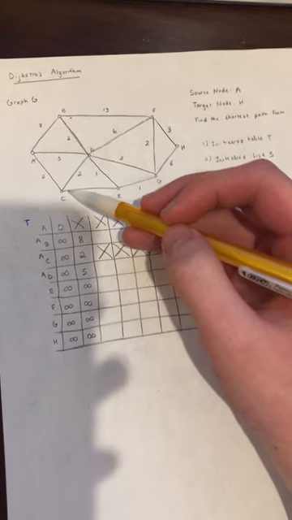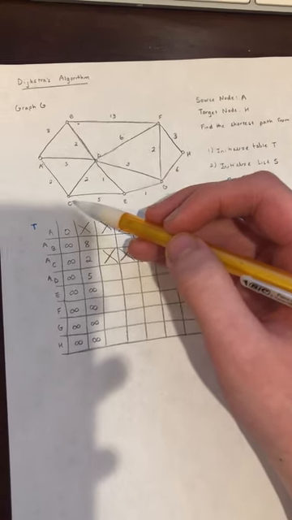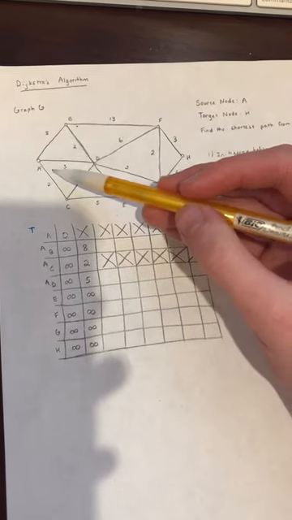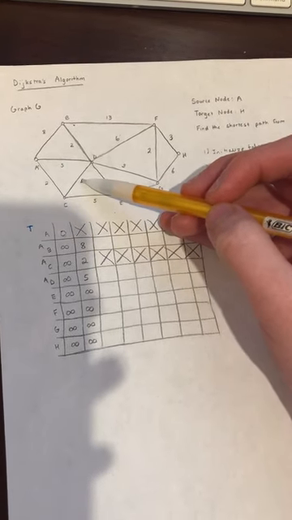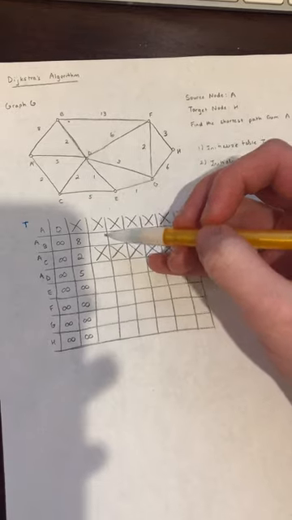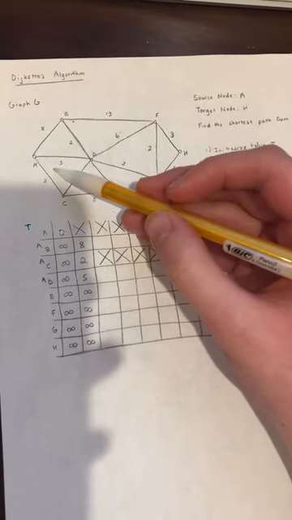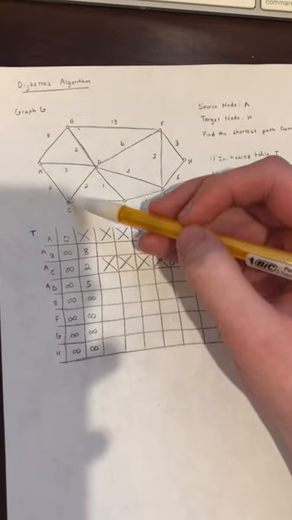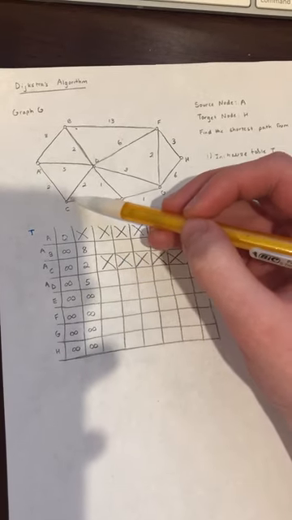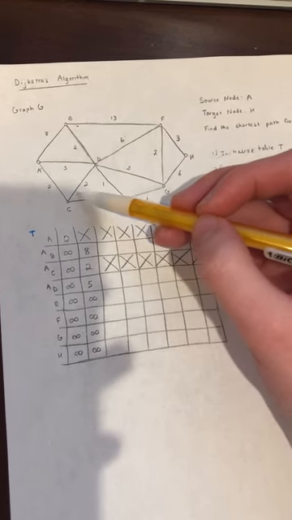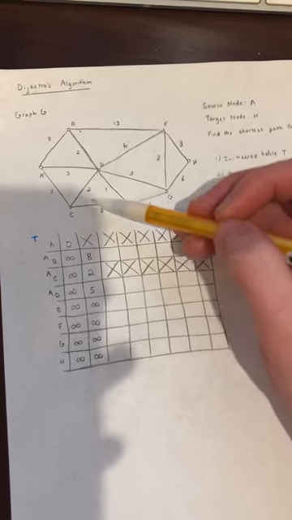Remember that our goal is to find the shortest distance from A to our target node, and so we need to be updating the table with the cumulative distance as we go along. So currently our distance from C to A is 2, and when we look at D, D's distance is 2, so we add 2 plus 2, which is 4.